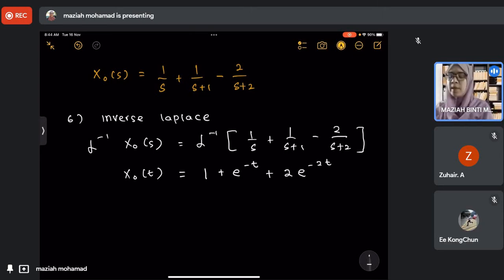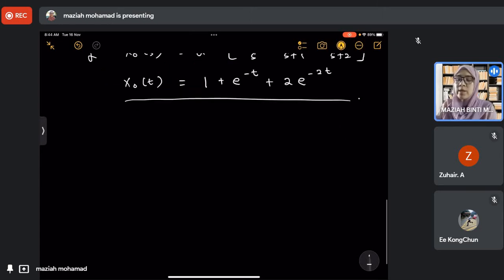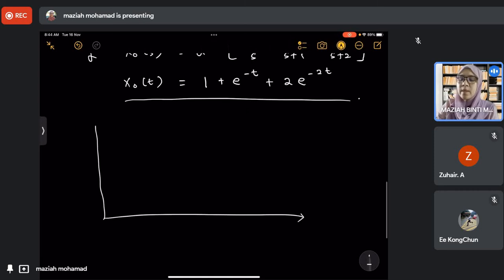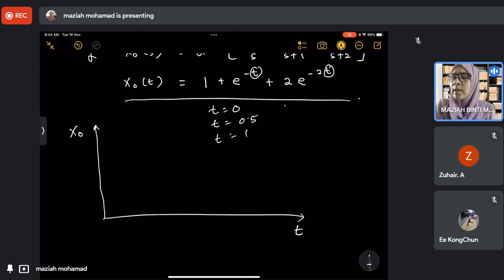Basically, we can use this equation to plot x naught versus t. You can replace the t value here with t equal to 0, 0.5, 1, 2, 3, 4, 10, infinity.